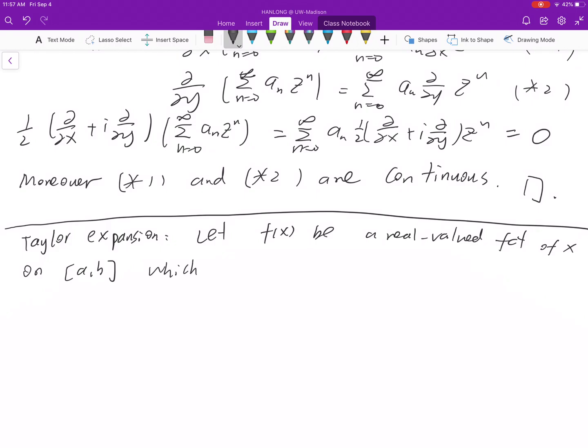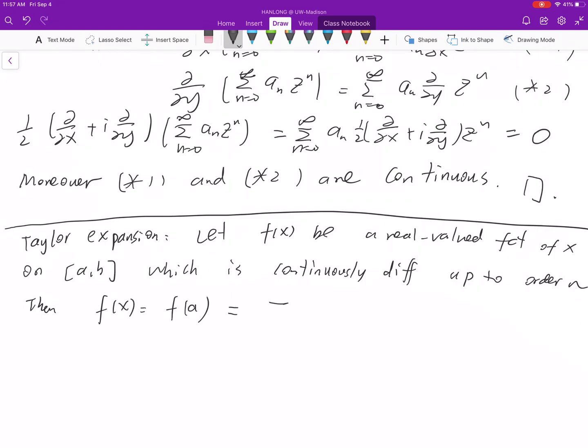which is continuously differentiable up to order n. Then f(x) has the following Taylor expansion: f(x) equals the summation from k equals 0 to n minus 1 of (x minus a) to the k-th power over k factorial times f^(k)(a), plus a remainder term.